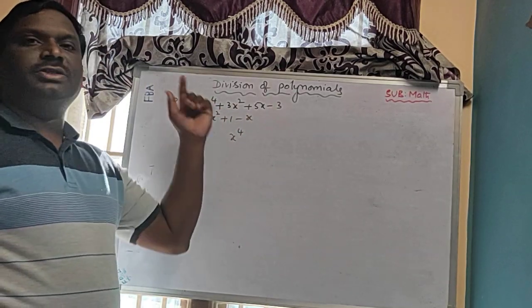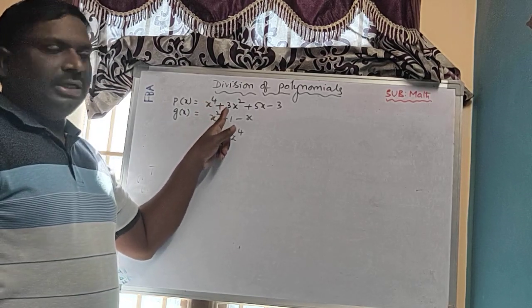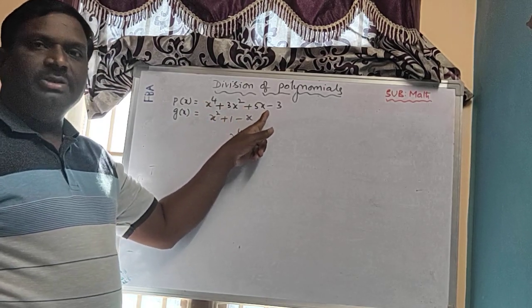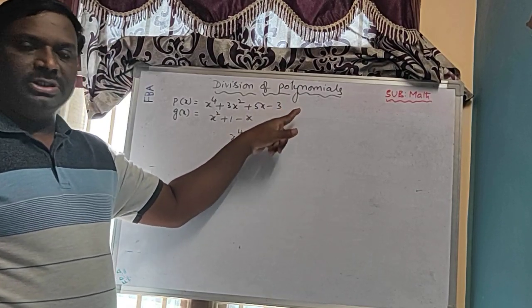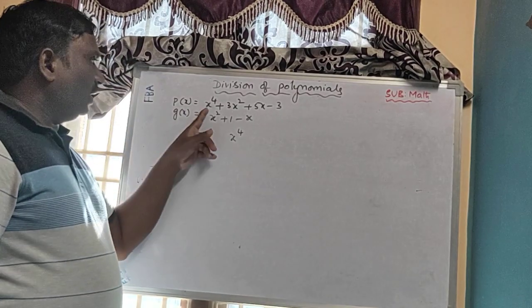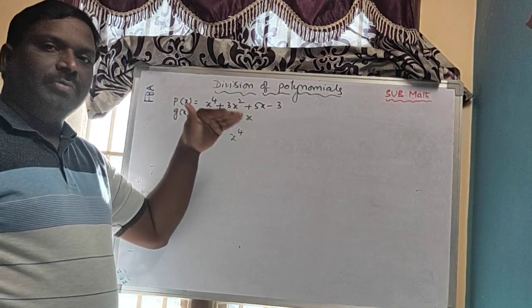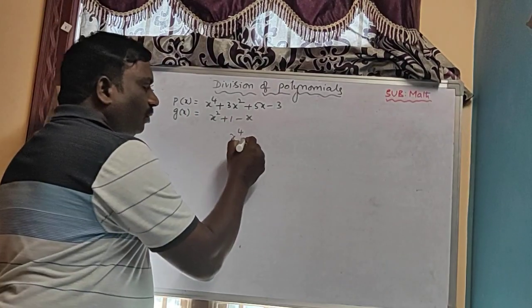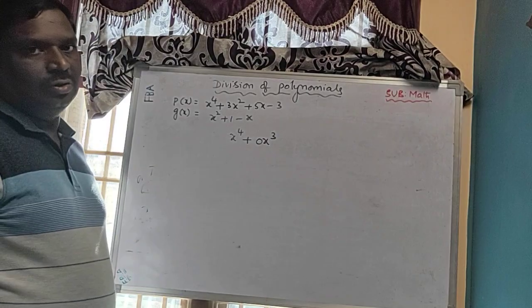One term is missing. What is that term? The x cube term is missing. The x square term is here, the x power 1 term is here, and the x power 0 term is here, the constant term. So wherever a term is missing, you have to write 0x cube in that place.